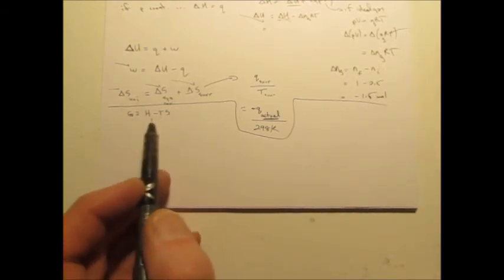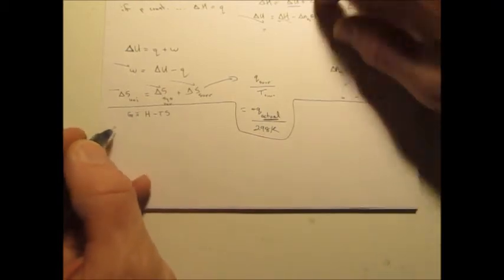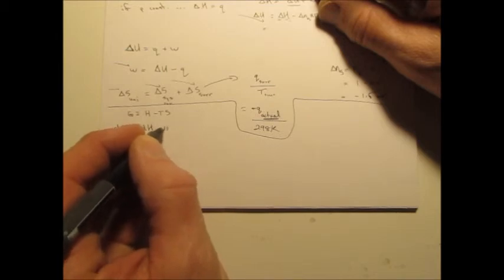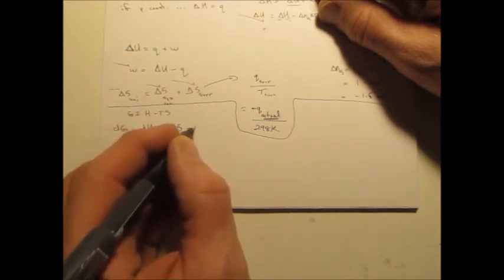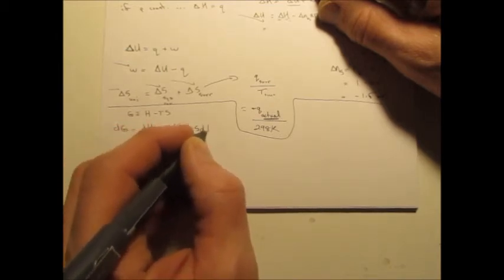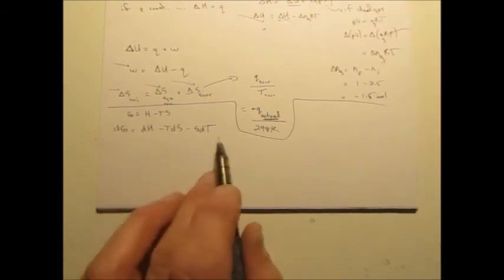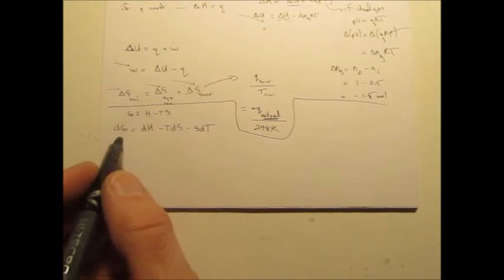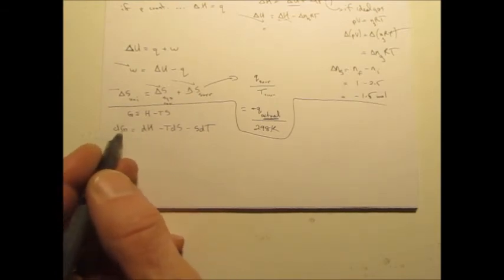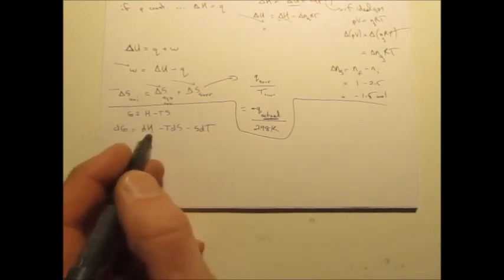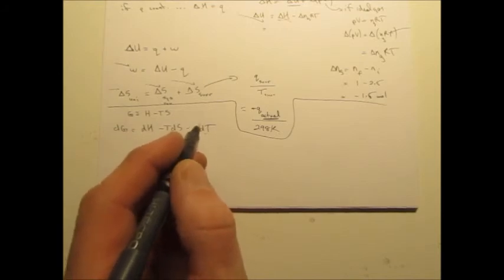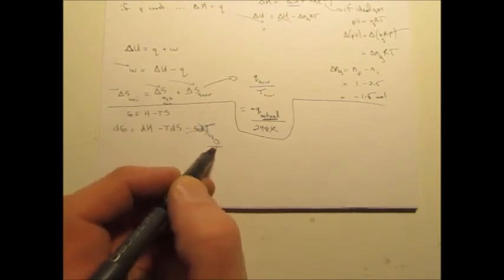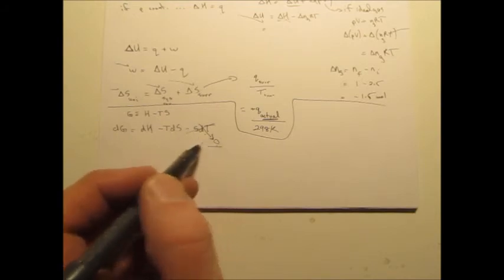And if you put this in differential mode, now, what do we know happened in this question? We were told that the temperature was held constant. So any change that takes place in Gibbs free energy is related to these three terms, but this one is out because there is no change in temperature in this question, so that's out.